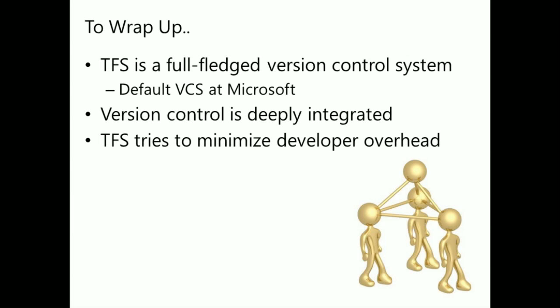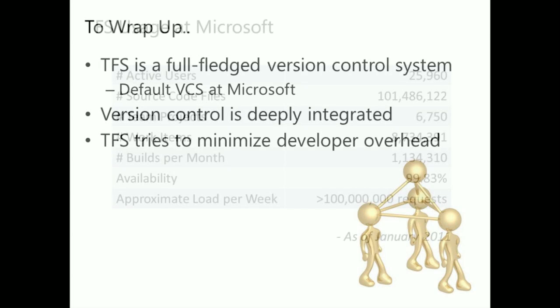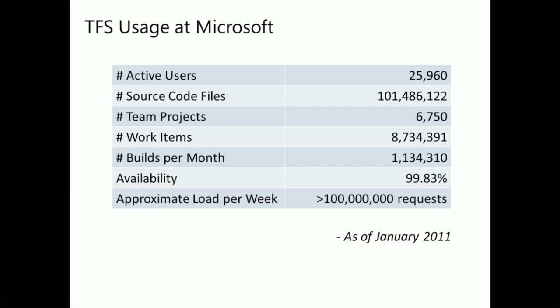Just a quick example of Team Foundation Server usage at Microsoft. This is as of January, so about a month ago. We currently had almost 26,000 active users inside of Team Foundation Server. We have over 101 million source code files inside version control. I think we crossed 1 billion revisions a couple months ago, over 6,000 team projects, over 8 million work items, and we do over 1.1 million builds per month, all with over 99% availability.